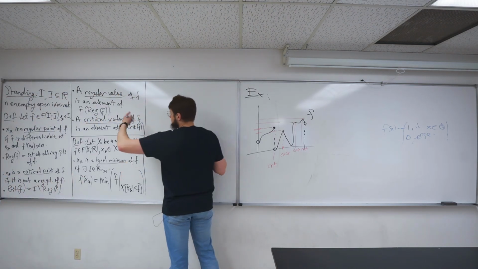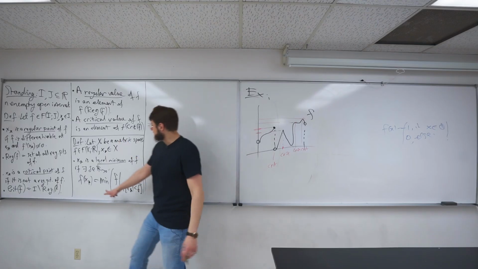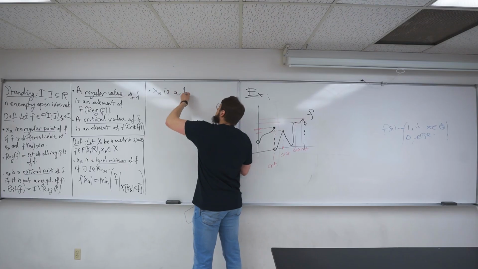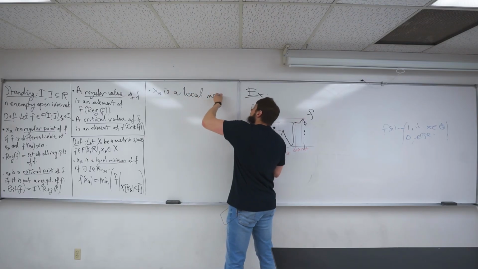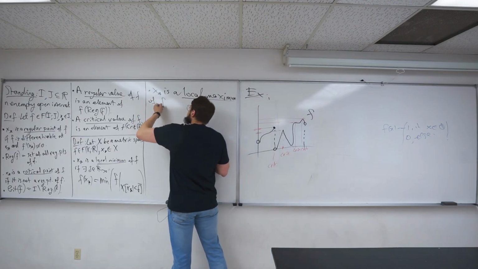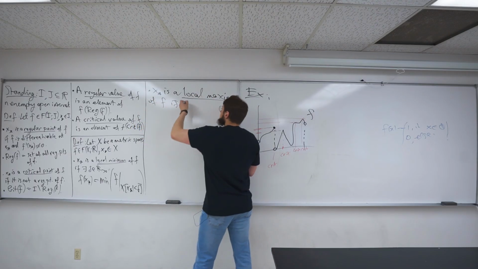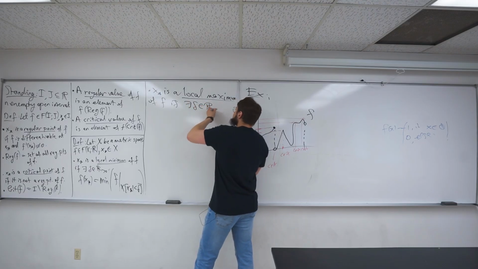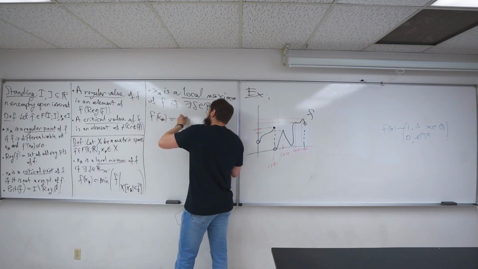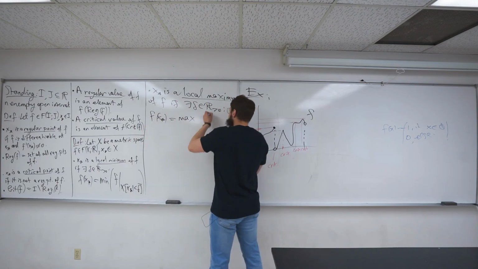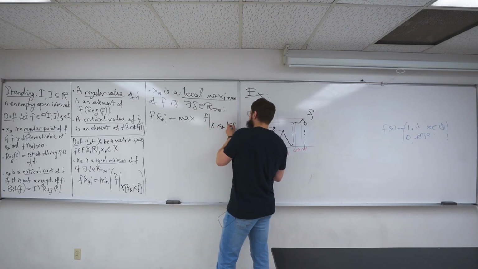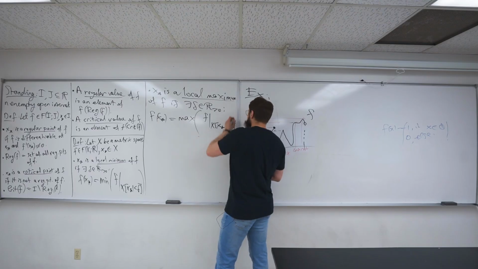And likewise, you call x star a local maximum if instead of a min you have a max: f of x star is the max of f restricted to the ball centered at x star of radius delta.